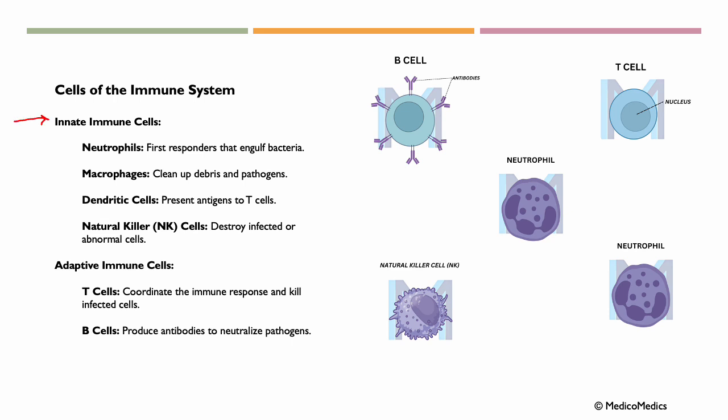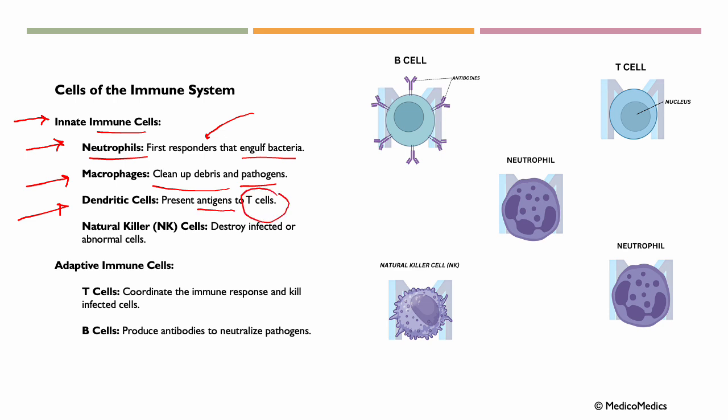When we talk about innate immune cells, as we mentioned, we have the neutrophils. These are first responders that engulf bacteria. We have macrophages. These clean up debris and pathogens. We have dendritic cells. These are antigen presenting cells, meaning they present the antigen to the T cells.